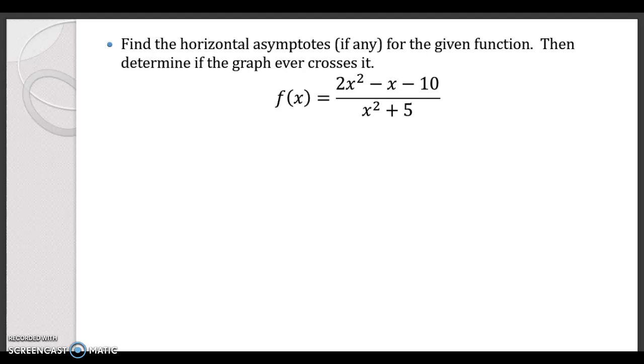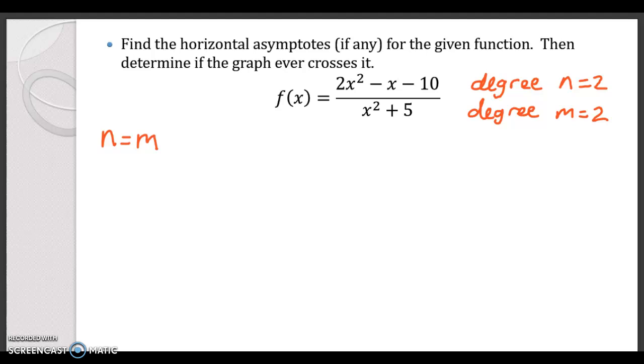So the degree of the top, n equals 2. The degree of the bottom, or the denominator, m equals 2. So they're equal. N equals m. Which means we have number 3 on the list of identifying horizontal asymptotes of rational functions. You can go back to my previous video to see that list.